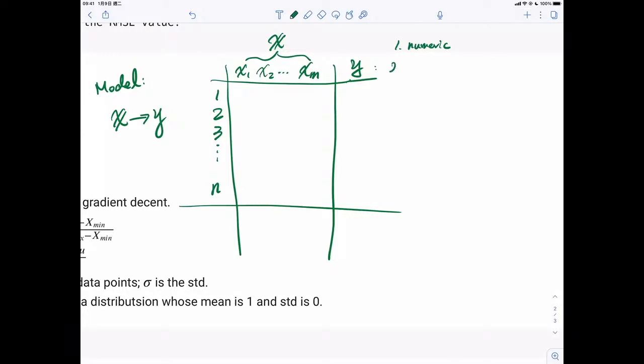The other one is category. Category means right or wrong, yes or no, 1 or 0, black or white. There are some applications in your problem where, in the relationship between big X and Y, the Y is category data.